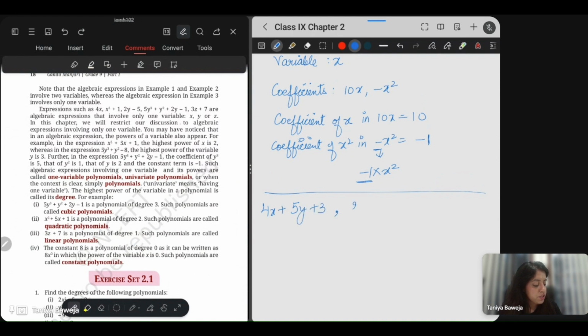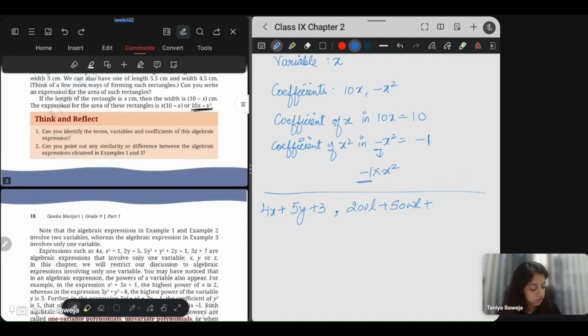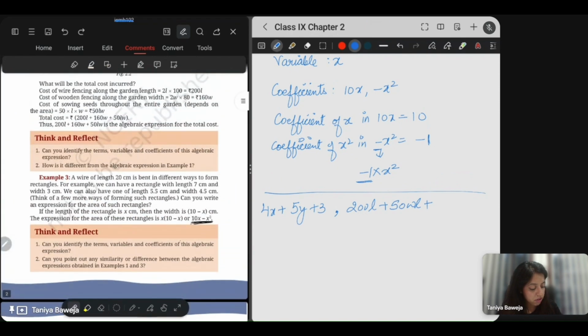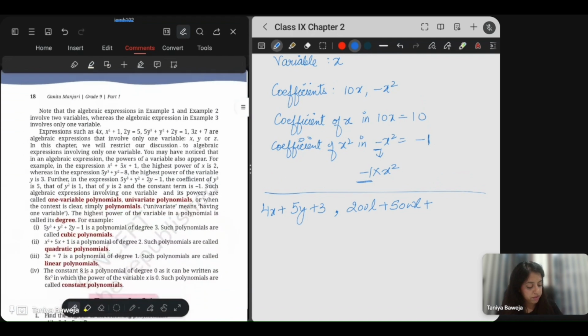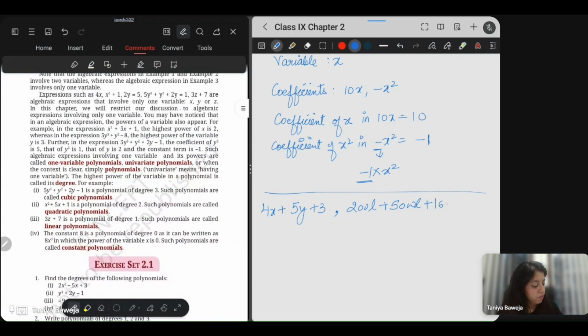The second one was 200L plus 50LW plus 160W. Another one, in the third example, is 10x minus x square. In the first one we have two variables involved, and in the second one also two variables are involved. But in the third example we have just one variable, which is x.